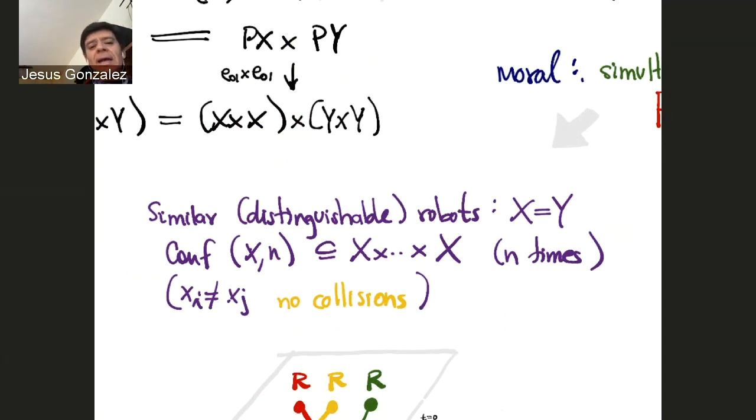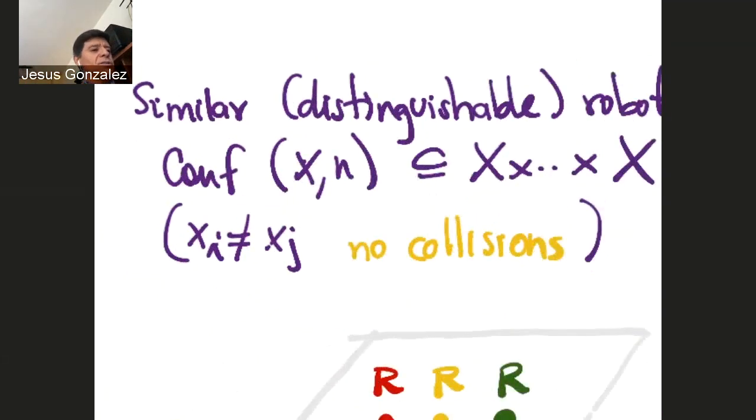So what is the natural space of states of this system of robots? Well, this would be the classical configuration space of X on n points, which avoid collisions. Namely, two different coordinates can never be the same.